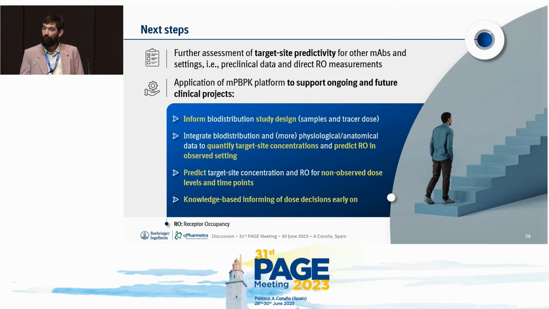We will also use it further on to support further clinical projects and really ongoing drug development of these monoclonal antibodies, and go back to the biodistribution guys and help them to design these PET imaging studies, both with regards to dosing and sampling times, in order to then come back to more predictive models.